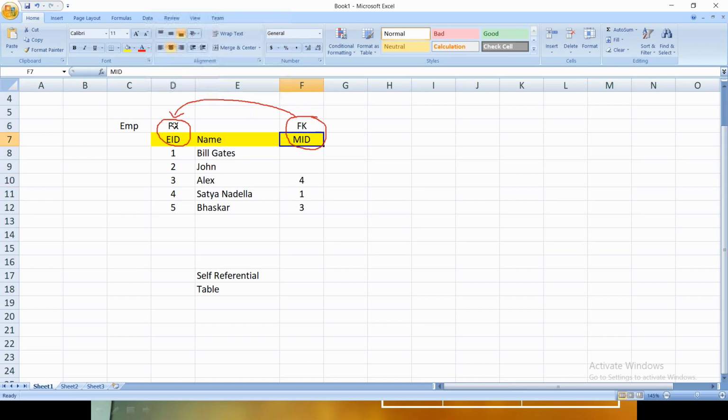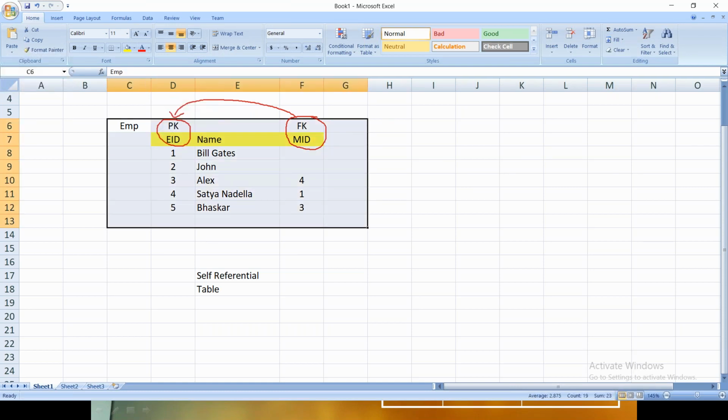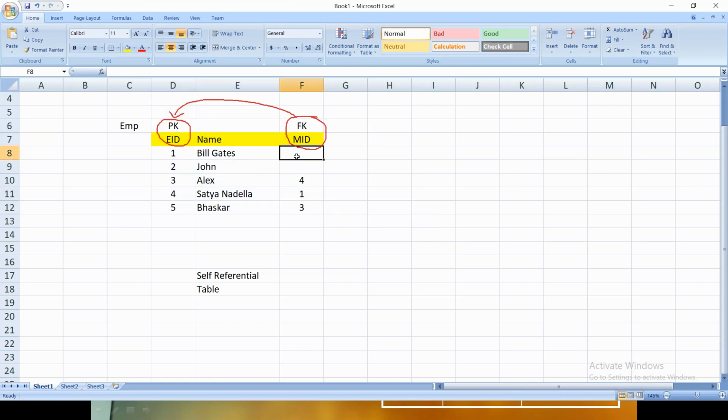Clear? So I can have a table with a primary key and foreign key, and my foreign key is referring my own table's primary key. Then this table is called a self-referential table. The foreign key should have multiple null values. If you don't allow null values in the foreign key, this kind of situation you cannot handle. Clear?